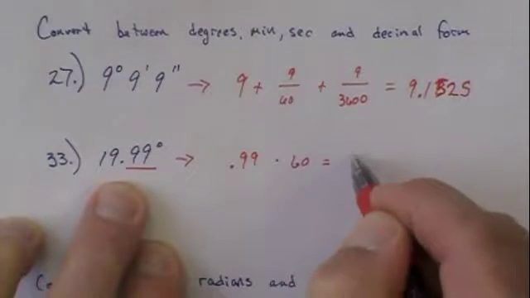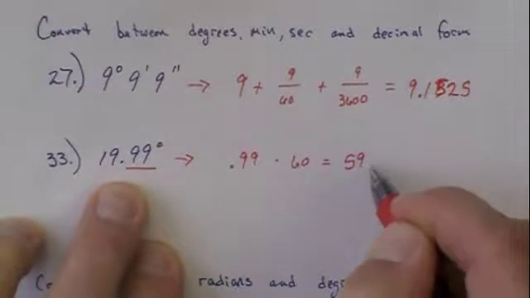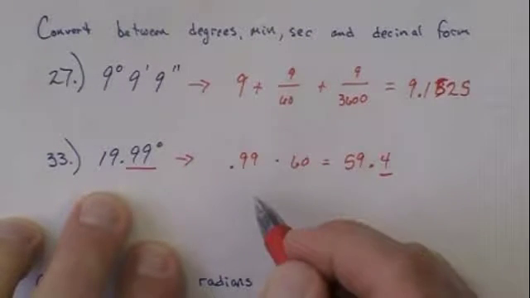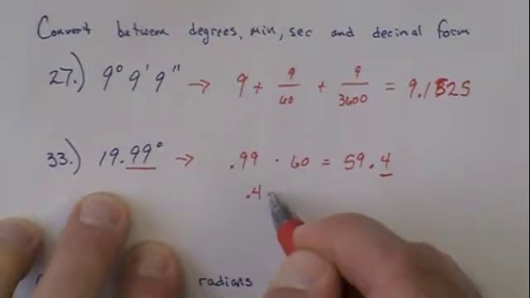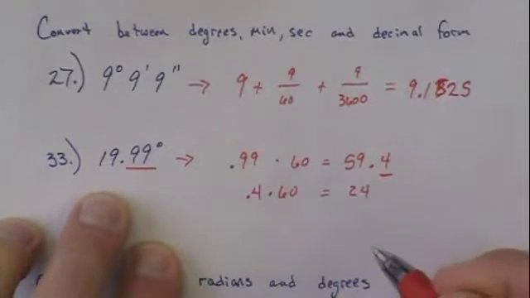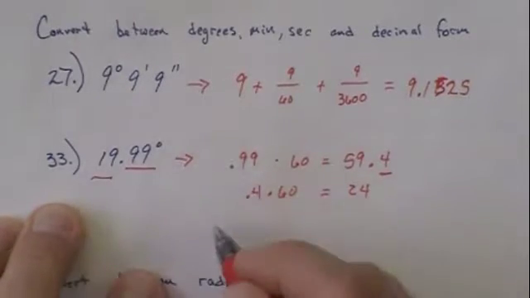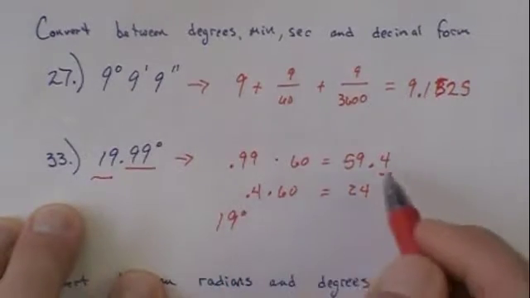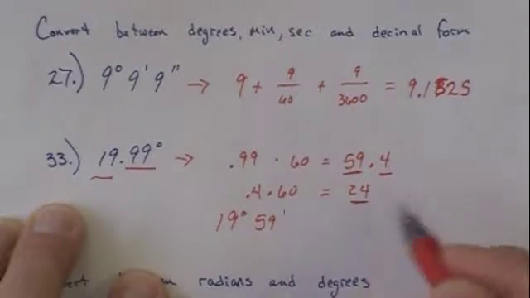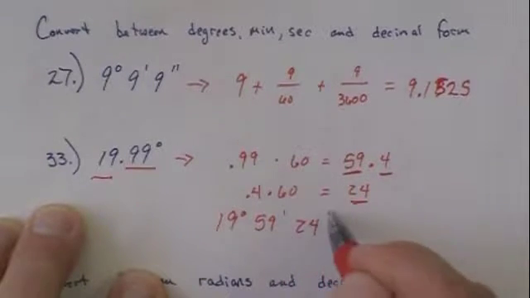That's going to give us 59 minutes, and then we have 0.4 minutes left over. So we're going to take that 0.4 times 60 to find out how many seconds that is. That's going to be 24 seconds. So we still have the original 19 degrees, then the 59 minutes and then the 24 seconds.